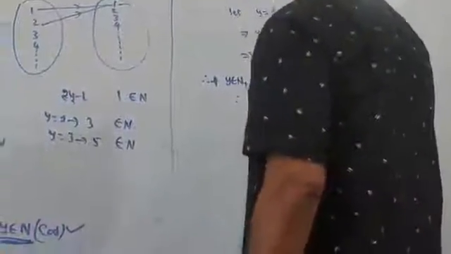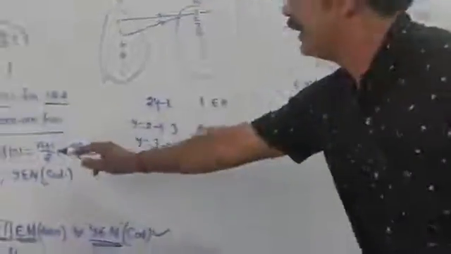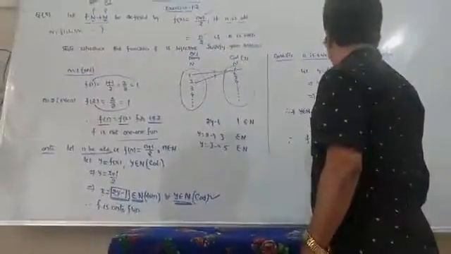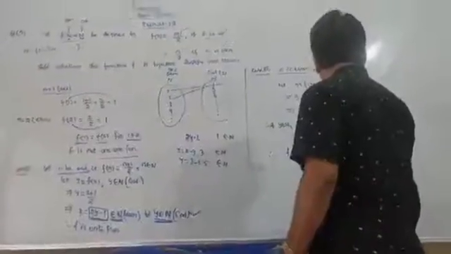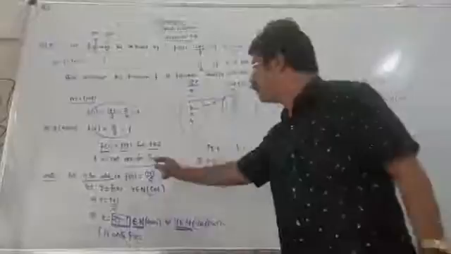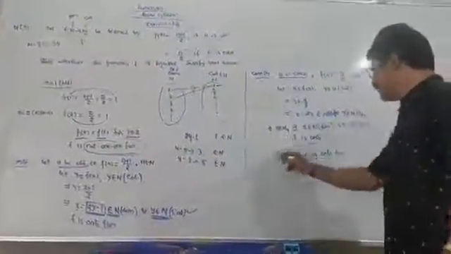Therefore f is onto function. So therefore in both cases f is onto function. Therefore f from N to N is onto function, but not one-one function. It is only onto function. Remember. Over.